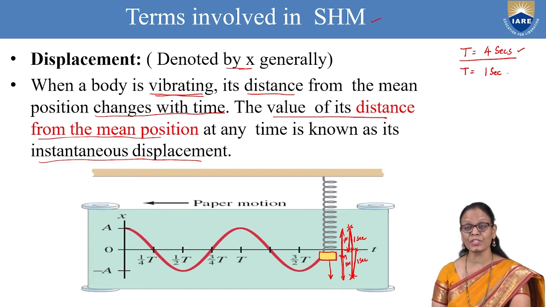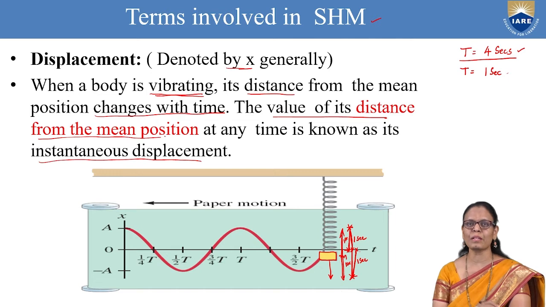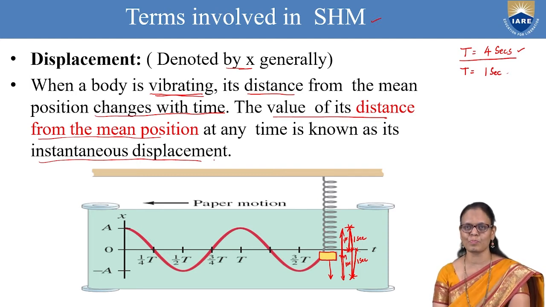So we can trace the position of the object at different intervals of time. What we are talking about is the distance from the mean position. Whenever we measure displacement, it is always with respect to the mean position. From here to here, we measure the displacement, and that is called the instantaneous displacement.